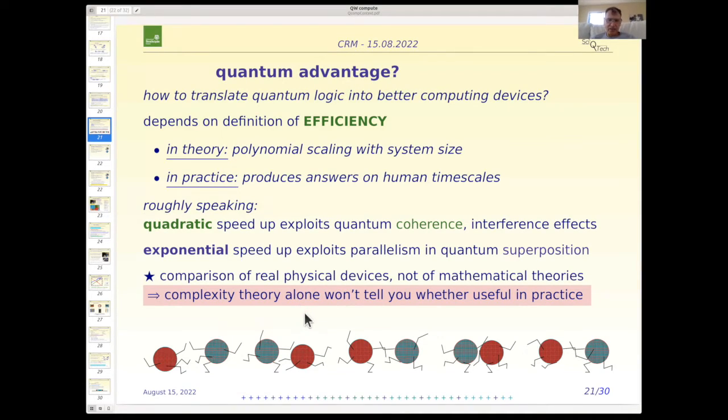And I think that's well known, or the complexity theorists at least know that it's just a story. So basically, complexity theory is just a story, which is a helpful story, but it's not the whole story.